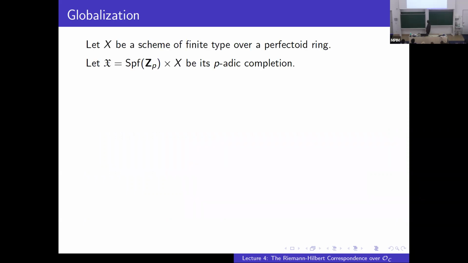So first, I want to globalize these constructions. I've been talking about sheaves on an affine scheme, but let's say X is any scheme which is of finite type over a perfectoid ring. And let me write X in a Fraktur font for the p-adic completion, the p-adic formal scheme. And you can globalize the construction that I described to produce a functor from étale sheaves on the scheme X to the quasi-coherent derived category of the formal scheme.